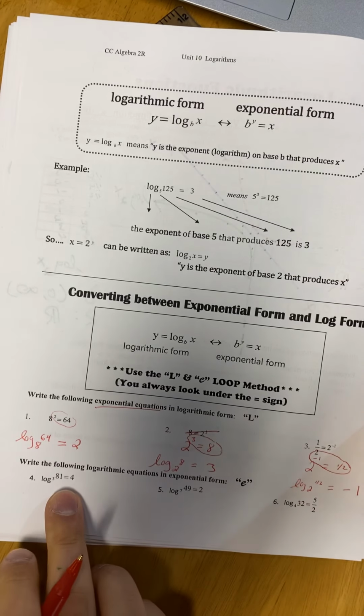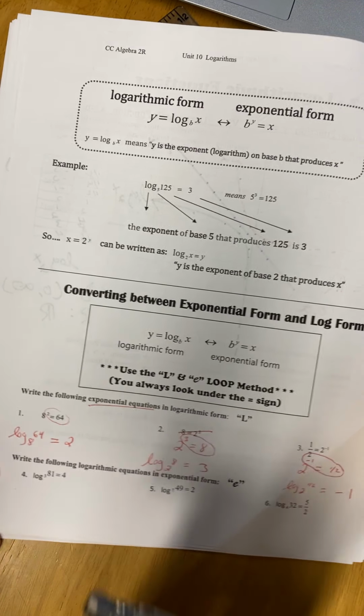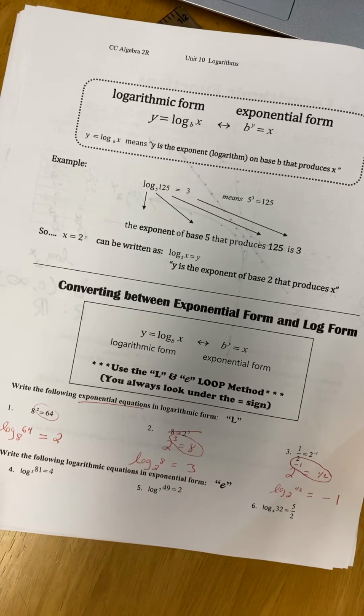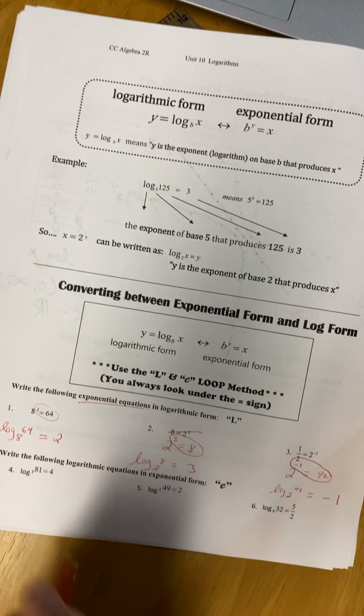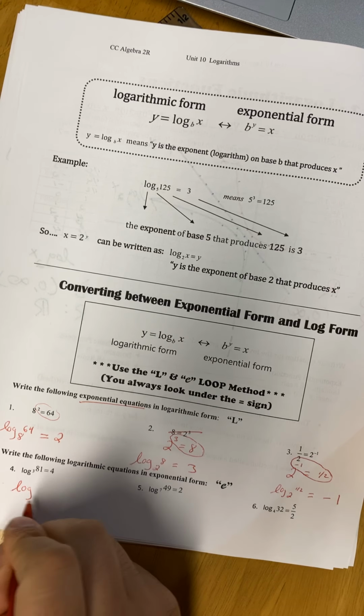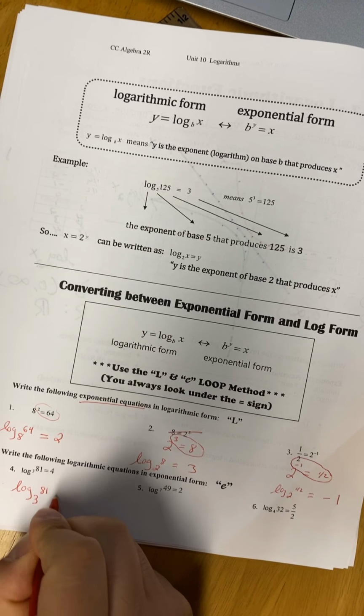These down here are written wrong. We have to rewrite these. So it's log base 3 of 81 equals 4.